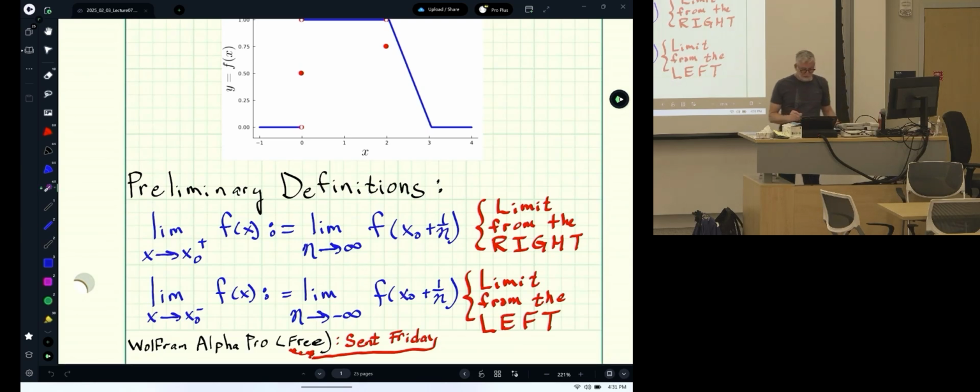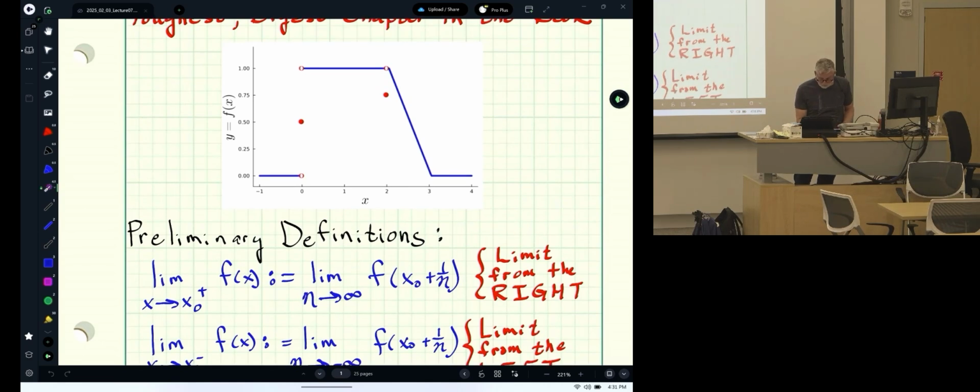If you want to take the limit from the right at a point, we would start, say, here at x equals 3 and move x closer and closer to 2. That would cause the function values to rise and rise and rise.